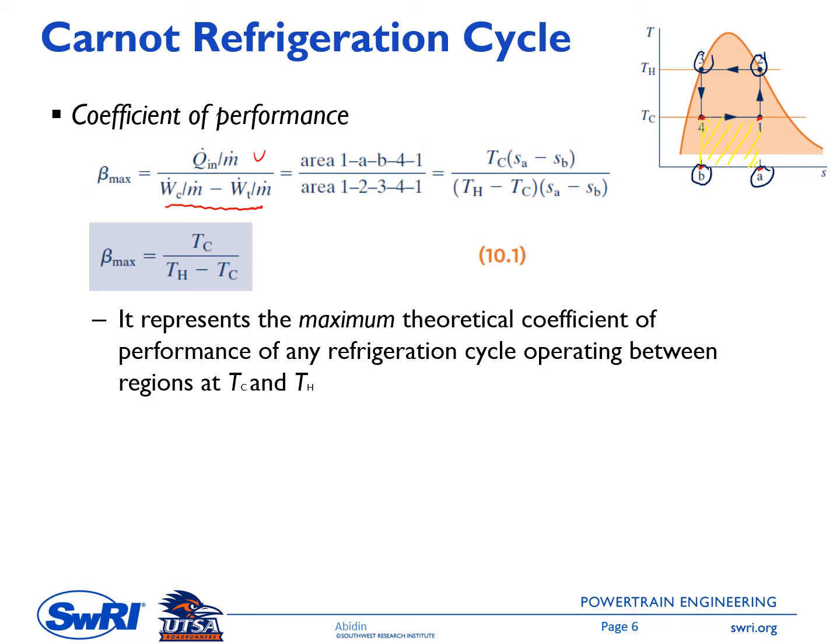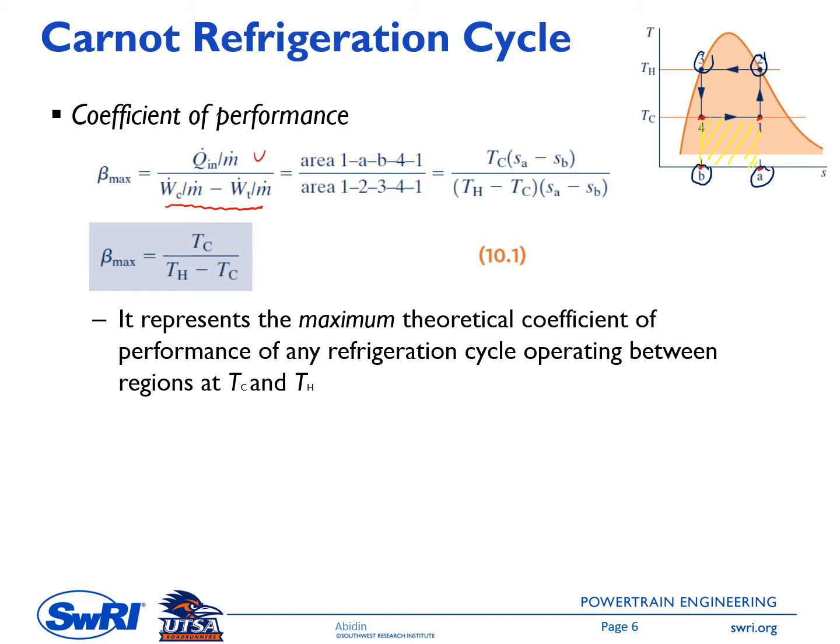Let's use a different color. This area represents Q dot out over M dot, and the difference between Q dot out and Q dot in is the area enclosed by points 1, 2, 3, 4, back to 1.